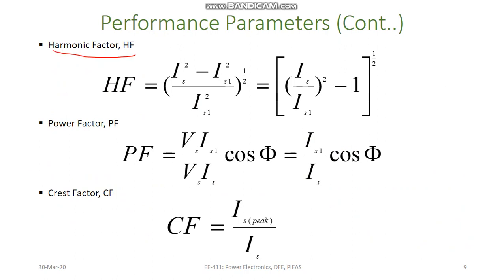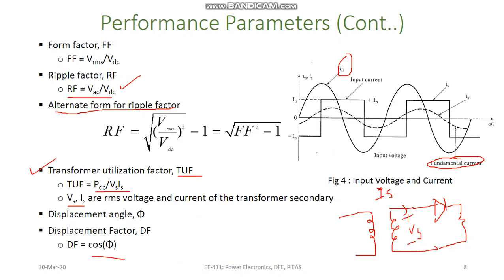Next we have the harmonic factor. We have considered that the current at the input side is a square wave, which means that it has an infinite number of harmonics in it.